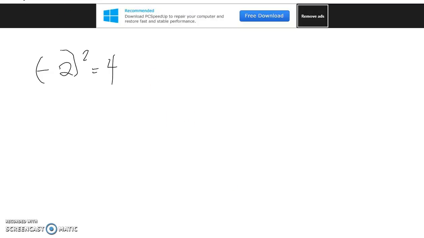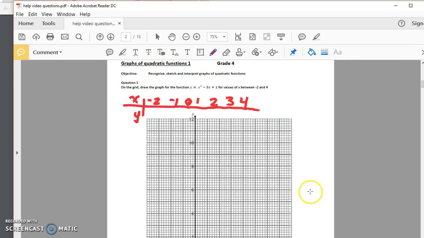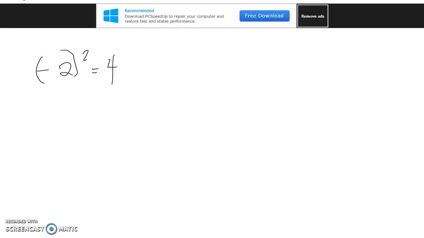Then from there, I'm going to go back to my question, x squared minus 3x plus 1. I need to do minus 3 times minus 2, which gives me a positive 6. So that gets me up to 10, plus 1 gives me 11.